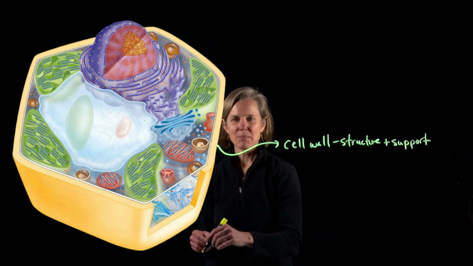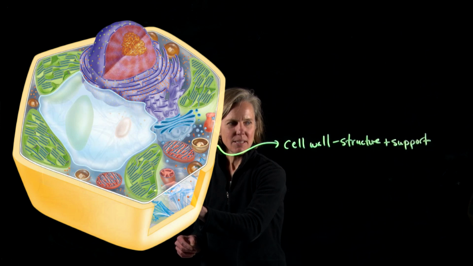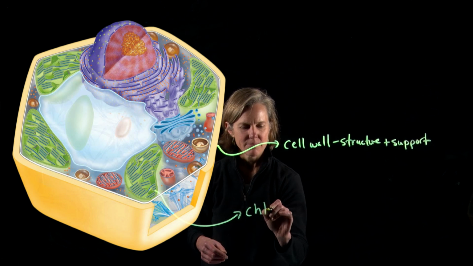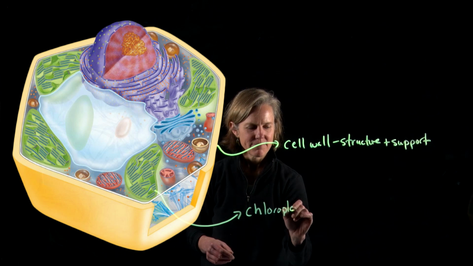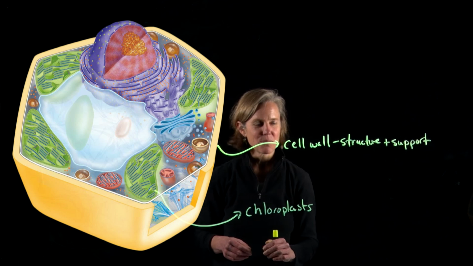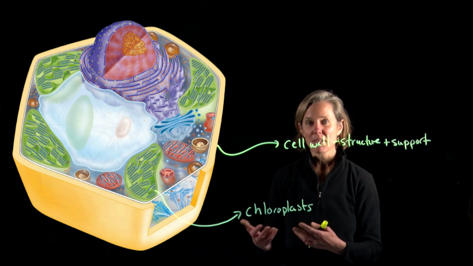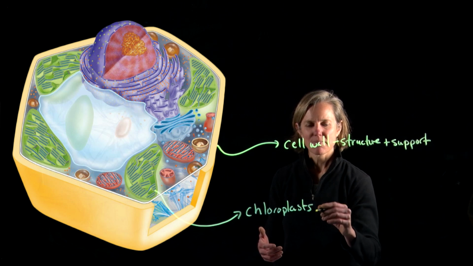Another feature we find in plant cells, but not animal cells, are chloroplasts. And this is where that very important process of photosynthesis occurs, in which carbon dioxide is fixed into sugars.